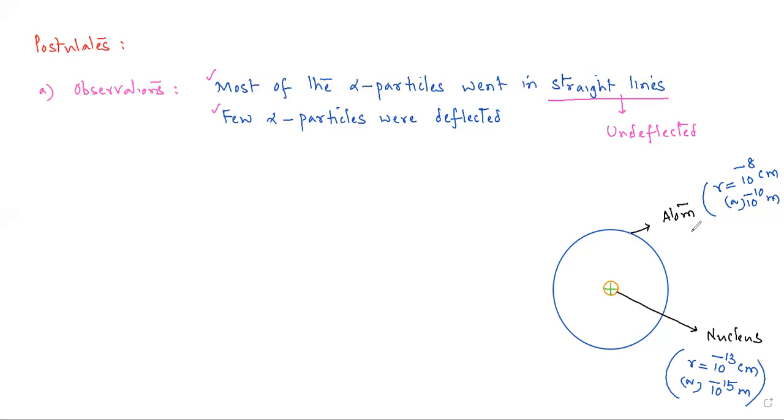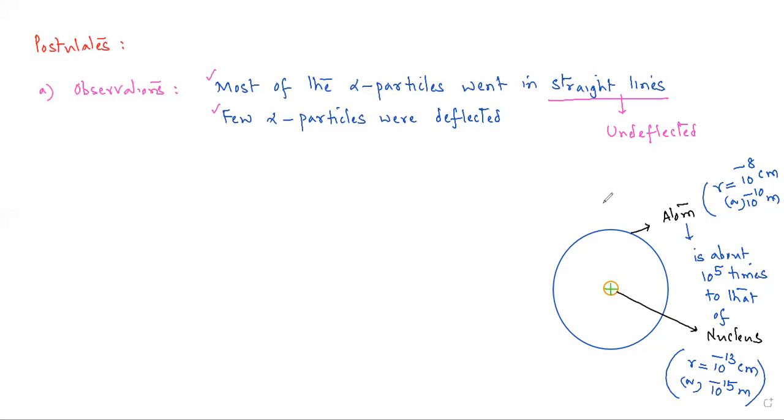Comparing these two, we can say that atom is about 10 power of 5 times that of nucleus. As far as the size is concerned, atom is about 1 lakh times that of nucleus. So if you consider the atom as a football ground, nucleus is just like a football. Just a basic comparison.